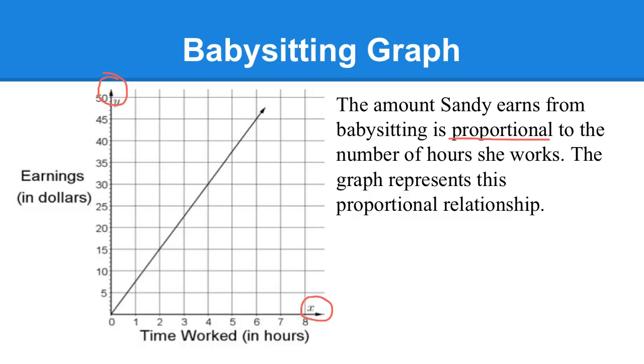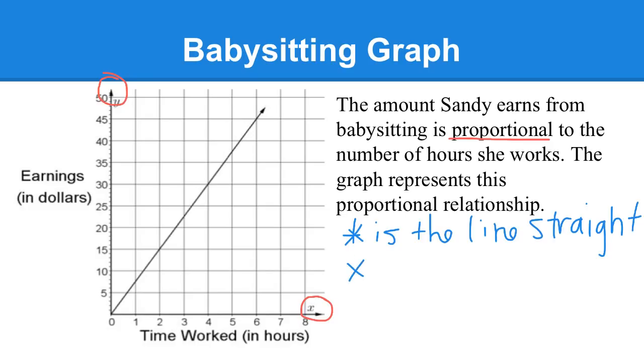Now you can look at a graph and know it's proportional if it follows two set criteria. Number one, is the line straight? If we look at this line, it's a nice straight line, so that's part of the criteria.